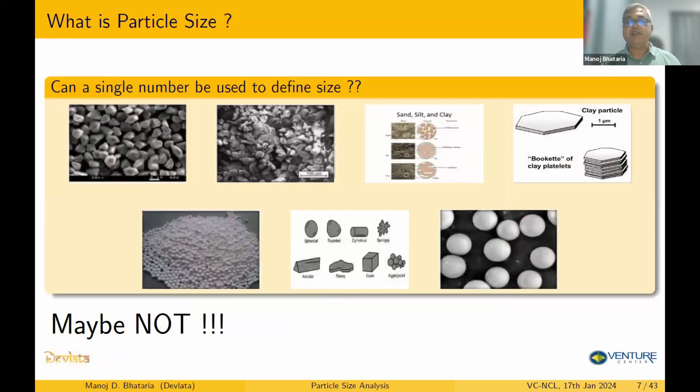In spite of that, it is always very convenient to come up with a single number to define a size for them. So you cannot say that it will have one single size, but if it is convenient to have one single number, that is preferable.